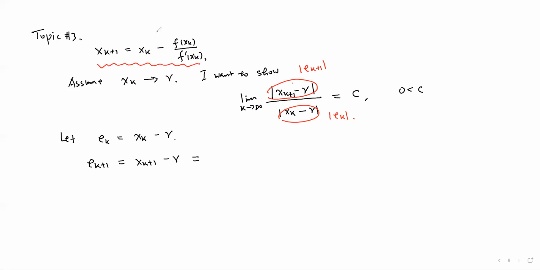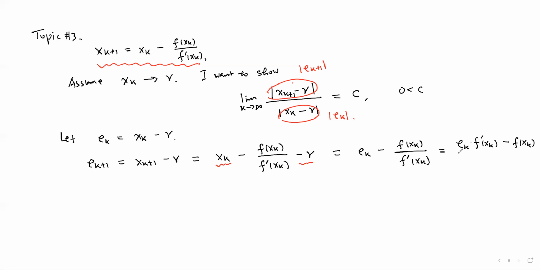Now I plug in the right side for x_{k+1}, then I get x_k - f(x_k)/f'(x_k) - R. x_k - R is e_k. So with a common denominator, I get (e_k f'(x_k) - f(x_k)) over f'(x_k).